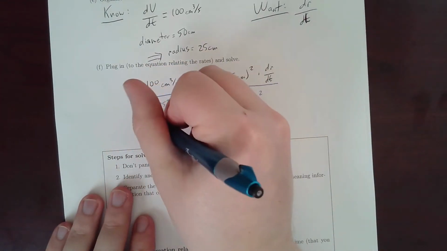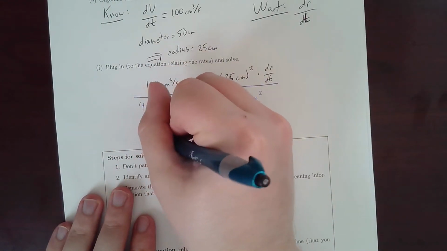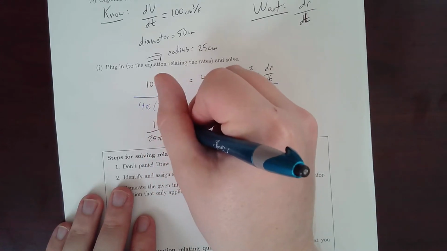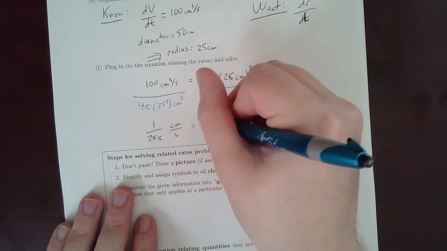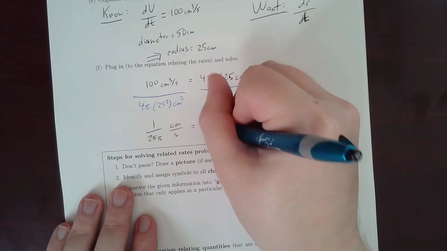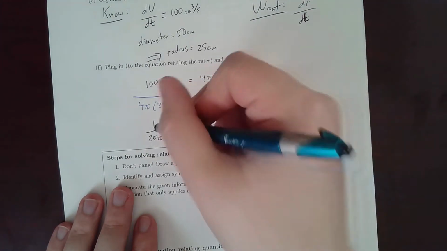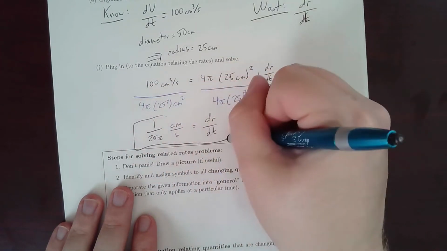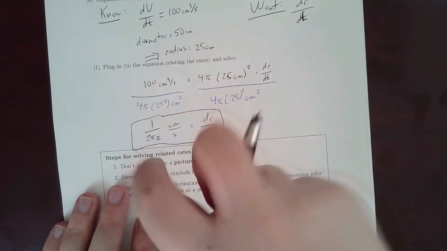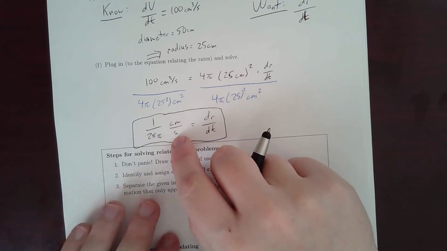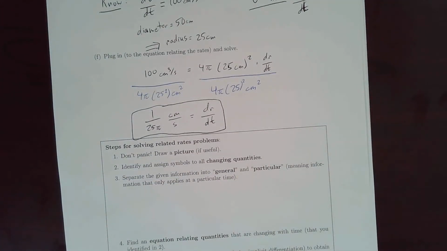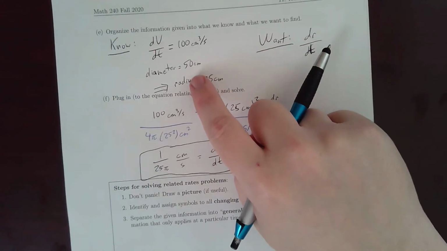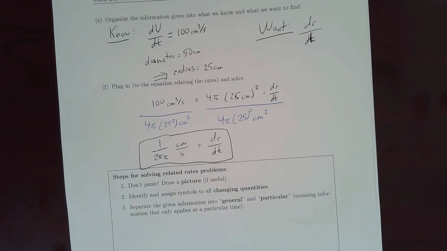So we should end up with 1 over 25 pi centimeters per second equals dr/dt. So that means the radius is changing at a rate of 1 over 25 pi centimeters per second at the time when the diameter is 50 centimeters.